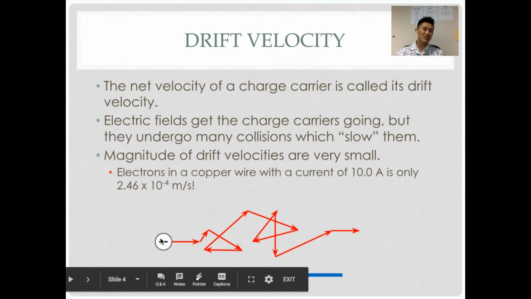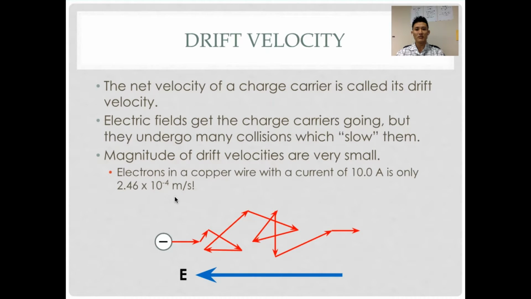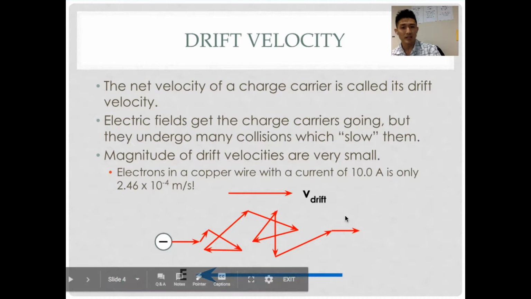Unfortunately, our electrons don't move just straight ahead, and the magnitude of these small little velocities is very small. So what we do is we have a net velocity, and we call that the drift velocity. That is the sum of all of these vector velocities.